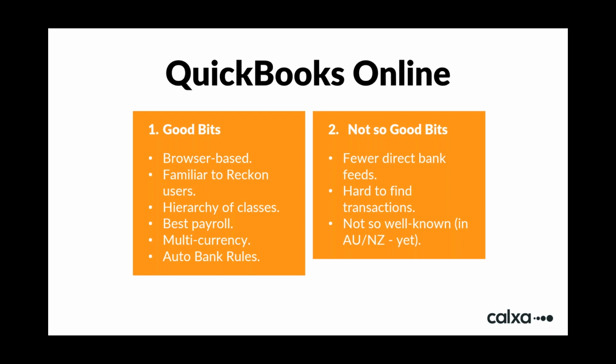Automation's good. Now, a couple of the things I don't like about QuickBooks Online. Firstly, they have fewer direct bank feeds. I use QuickBooks Online for one of my company files, and it was only last October when they had Commonwealth Bank direct connections.